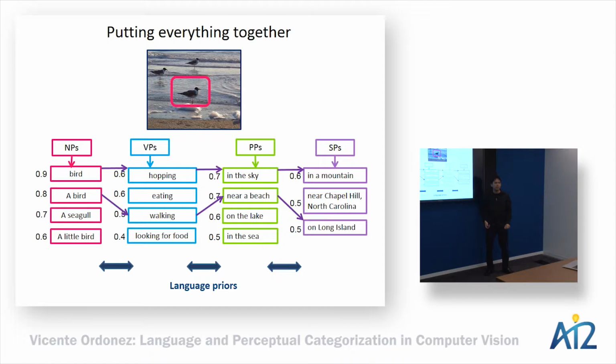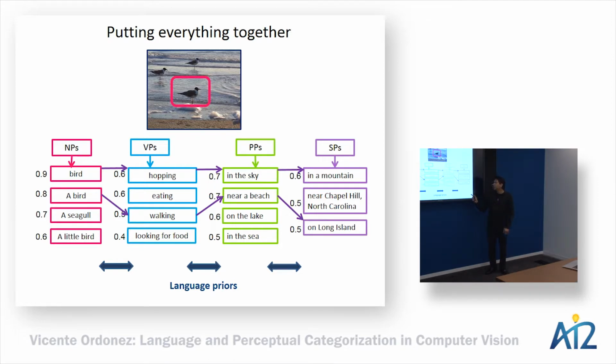Yes? So you seem to have quite a few specific locations, Chapel Hill, Long Island. Oh, these are just made up. But I imagine it's very hard to have an accurate one. Yes, it is very hard, but you still get some high-level ideas here.